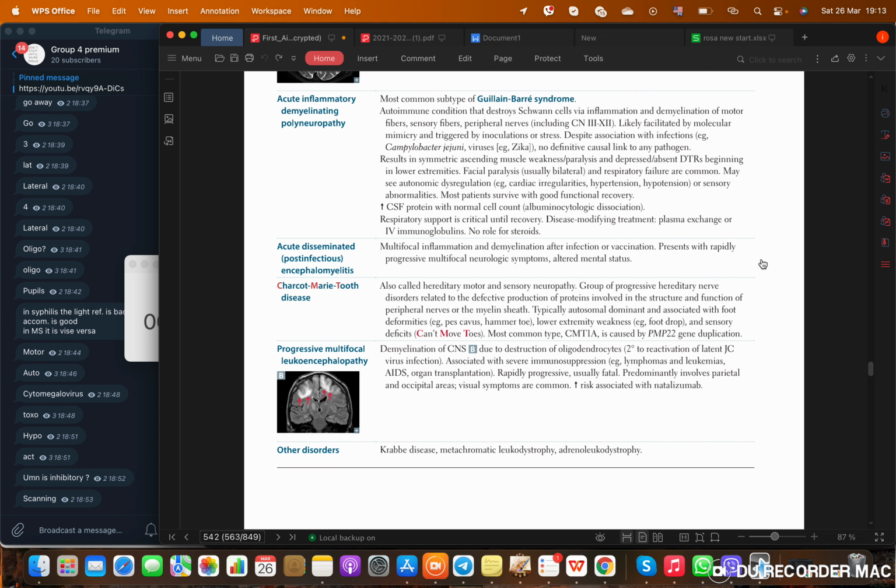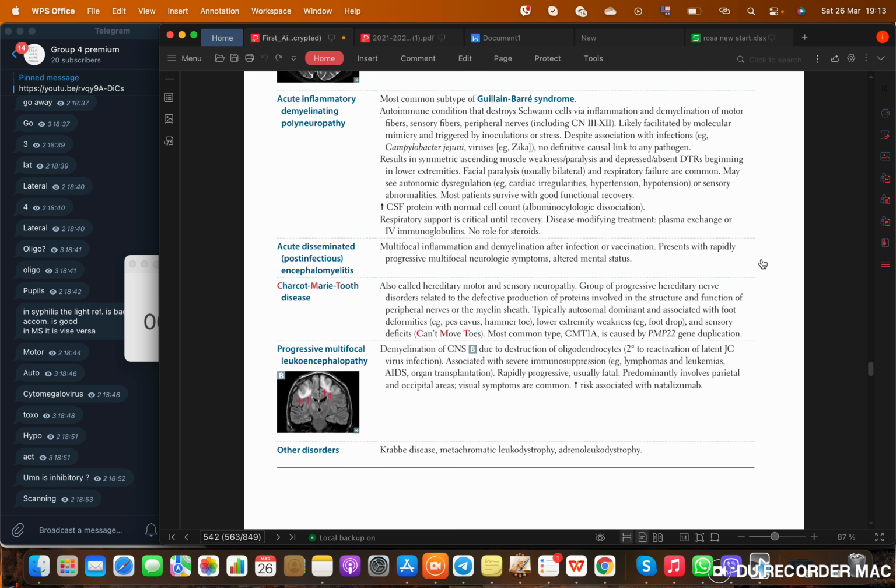It affects all of the cranial nerves except cranial nerve number 1 and number 2 because they are considered a CNS part. It's likely facilitated by molecular mimicry and triggered by infection or stress. What does that even mean? Some people are normal, nothing is wrong with them, but they get exposed to some inflammatory condition.